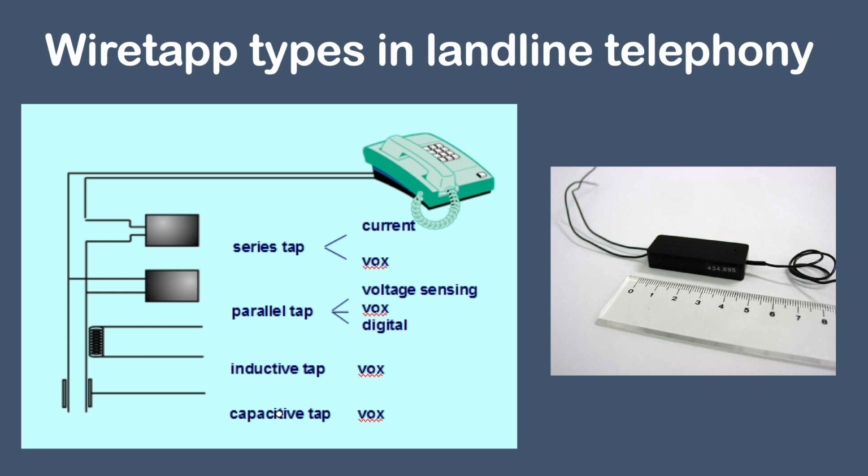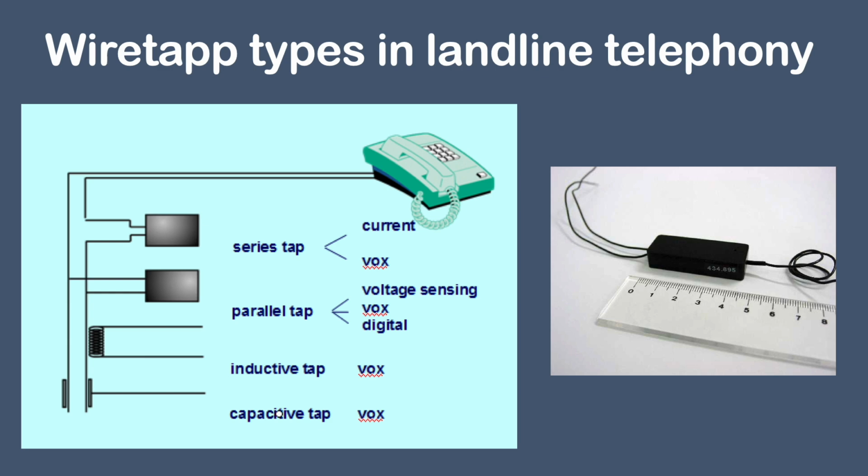Because with inductive and also with capacitive taps, we don't have to deal with taking out the shielding of the wires in order to connect the tap. In both cases of parallel and serial clamps, we can see traces of the splice on the wires, so we can know that there have been some illegal activities in the past.